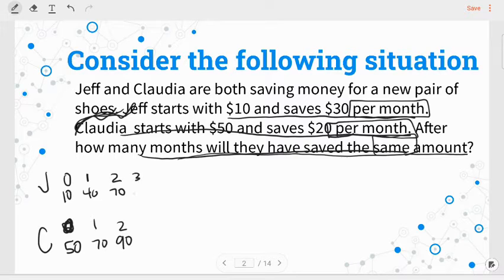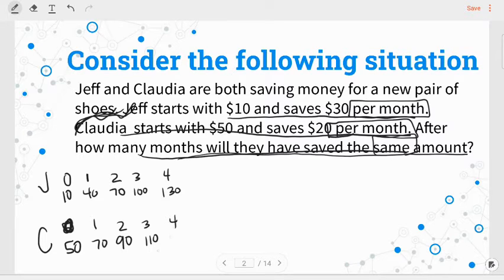So let's continue. At month 3, continuing to add 30, Jeff has 100. On month 3, for Claudia, plus 20 is 110. So you notice that these amounts are getting closer and closer each month. Let's check and see if the next month they're going to be the same. So plus 30 is 130.